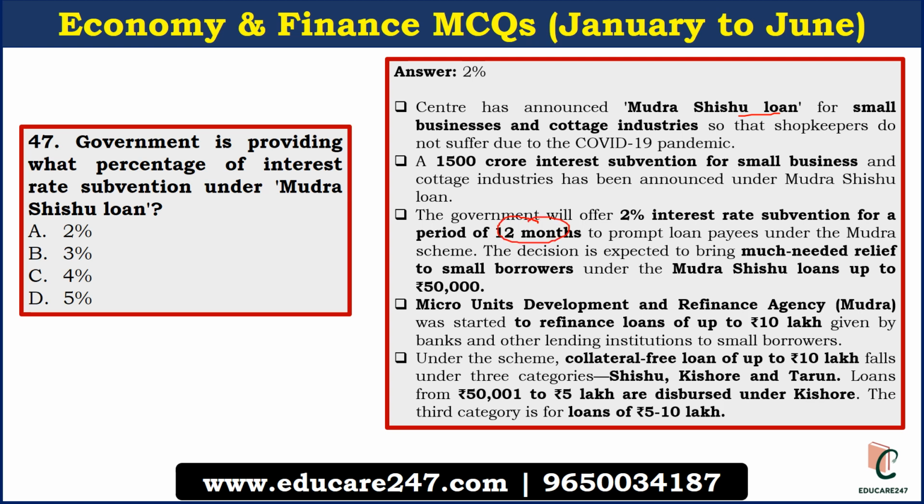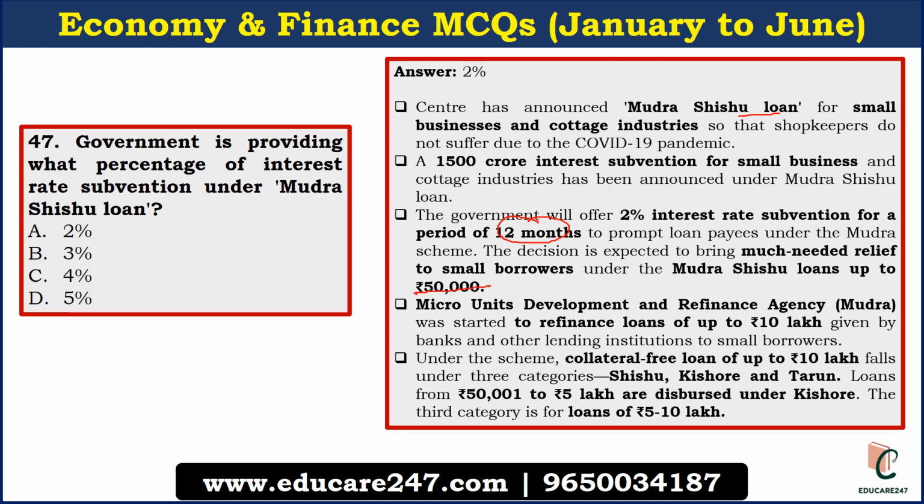So this is a very important scheme. It will definitely give much needed relief to small borrowers, and under this they can avail a loan of 50,000. So a Sisu loan is for 50,000.